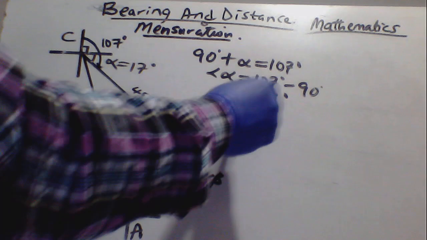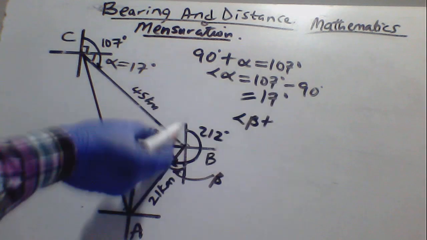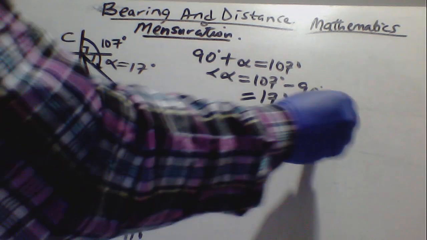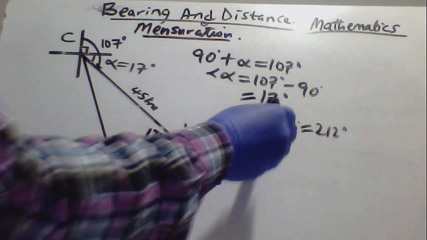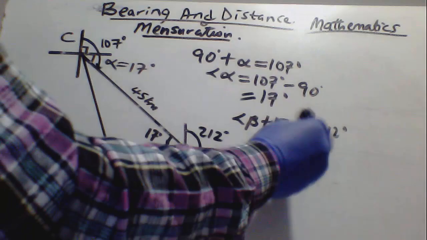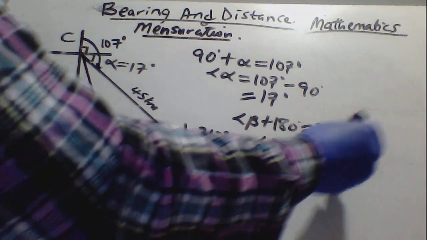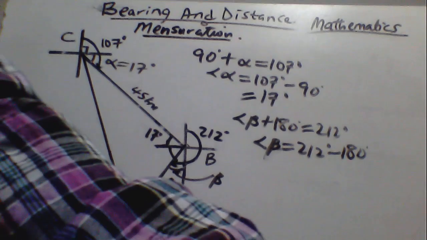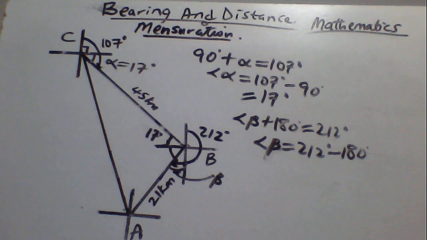So angle beta plus this angle on a straight line, 180 degrees, is equal to 212 degrees. So angle beta is equal to 212 degrees minus 180.